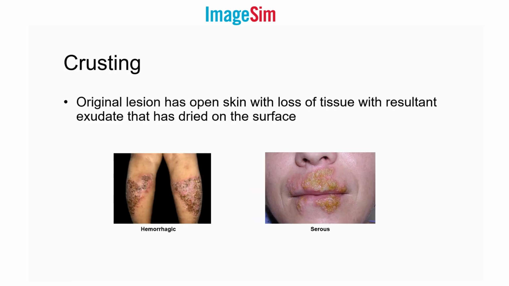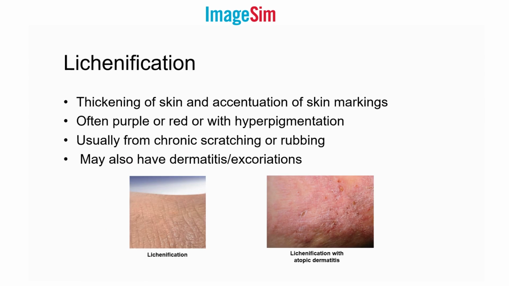Crusting includes an original lesion that has open skin with loss of tissue, with resultant exudate that has dried on the surface. Here are examples of hemorrhagic and serous crusting. Lichenification is a thickening of the skin and accentuating of skin markings, often purple or red with hyperpigmentation, usually from chronic scratching or rubbing.